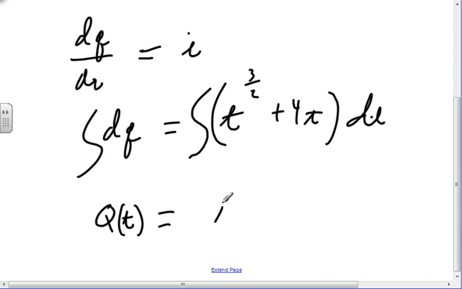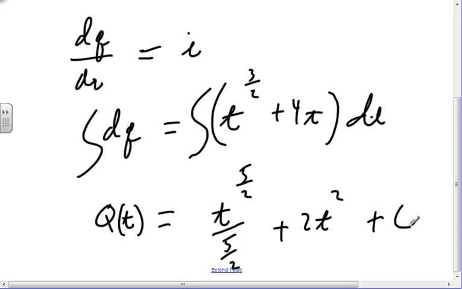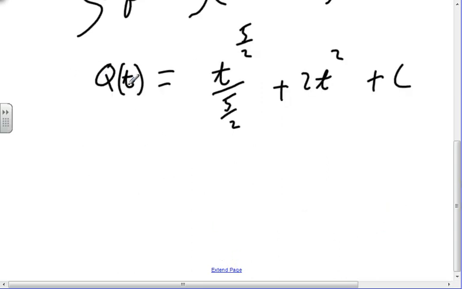It's going to be t to the 5 halves divided by 5 halves plus 2t squared plus C. Q at 0 is 0, meaning C is going to be 0, since at t equals 0, Q is 0, implying C is 0.